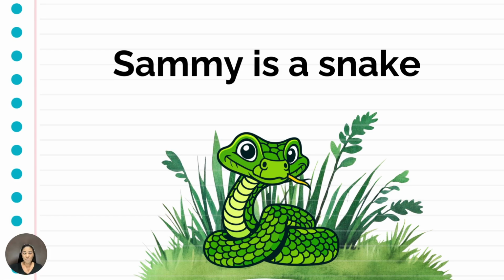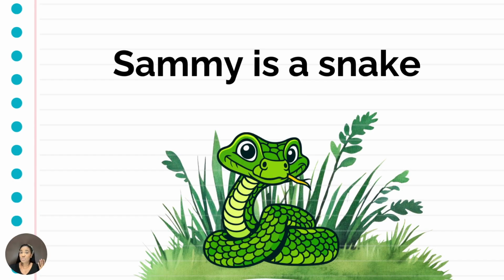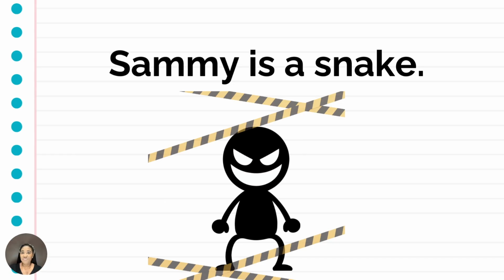Now, you should remember from our first video in the series, we said that Sammy is a snake should be taken literally. Of course, that meant that the snake had to be named Sammy. But what if I told you that Sammy was actually a person? Now, if we think about the characteristics or the features of Sammy the snake that we saw in the previous video, we would know that this Sammy doesn't have the same characteristics for the majority of them.